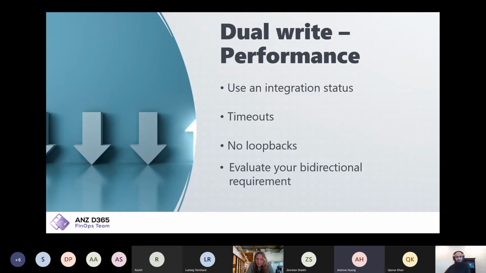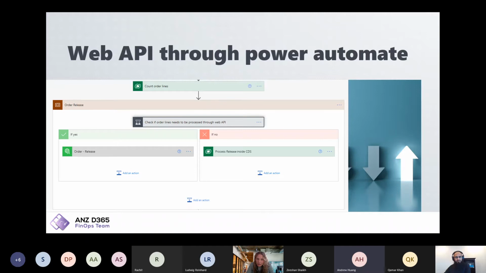So would the web API work the other way from CE to FO? This example is into CE, but would that work the other way? I actually don't know. I haven't tried it. But I guess it could. You could still consume a service from finance.